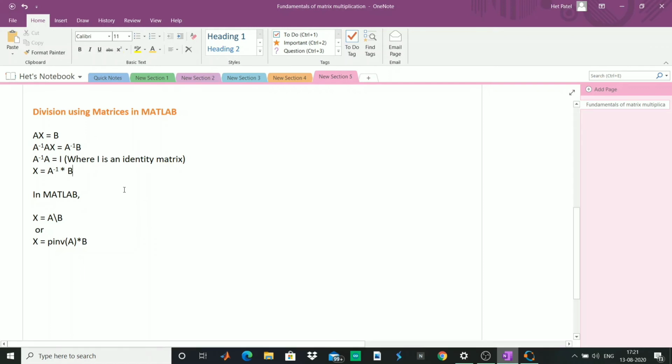So what you do in MATLAB is you have two ways to calculate the division operation. You either put A left-hand division B, or PINV of A into B, where PINV is the pseudo inverse. I prefer to use the pseudo inverse, because we never know whether A is a singular matrix or not.